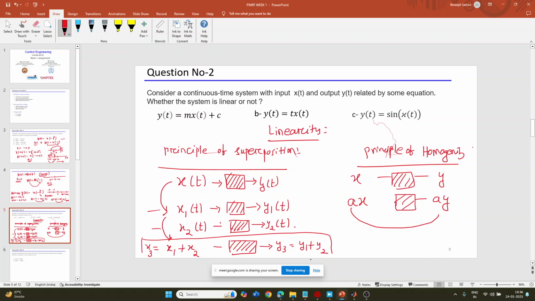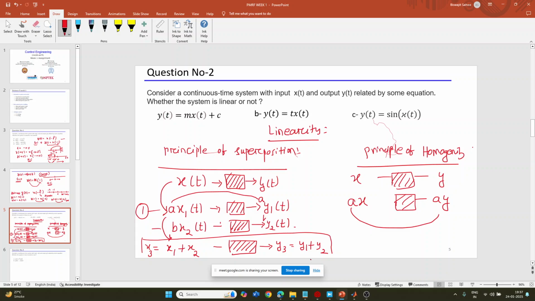If I combine the principle of homogeneity and the principle of superposition, how will the equation be? The first person applies an input x1 of t, and you multiply by a. If that a is reflected in the output, then the principle of homogeneity is applied. Similarly, you combine b here.